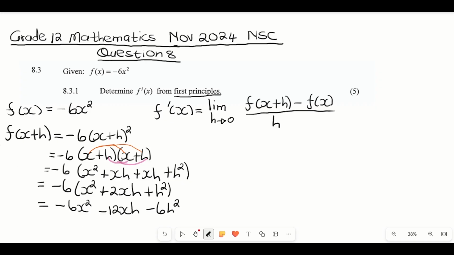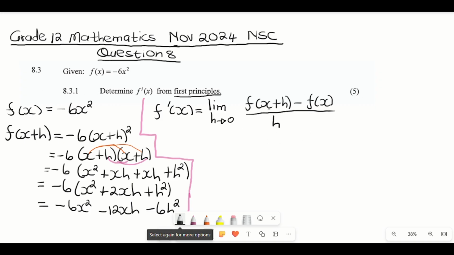So now we have f of x plus h. Let me just draw a line so that our work doesn't get all messy, so I'll continue on this side. To use this formula, we need f of x plus h, which we've just worked out, and then we need f of x, which we've been given.